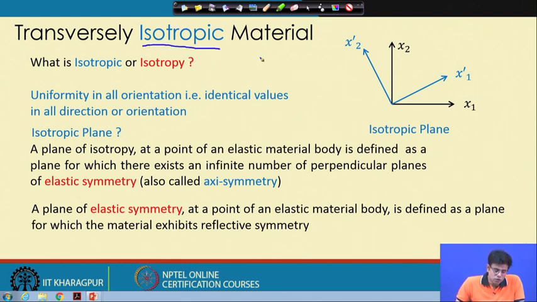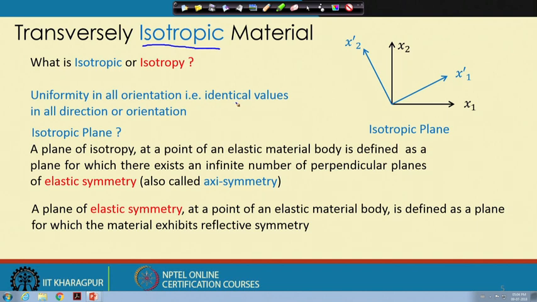We will first discuss what isotropy is. From our strength of materials background, you all know that isotropy means uniformity in all orientations, with identical values in all directions. We learned the isotropic case first, which has 2 material constants, in terms of Young's modulus and Poisson's ratio, or shear modulus and Young's modulus, or bulk modulus, whatever you assume.